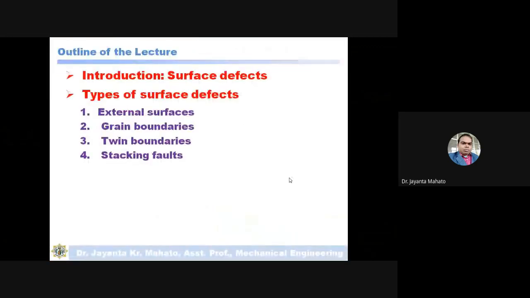Now I will cover the introduction of surface defects, what surface defects are, how they are formed, and the different types of surface defects. Actually there are four different types: one is external surface, another is grain boundary, third is twin boundaries, and fourth is stacking faults.